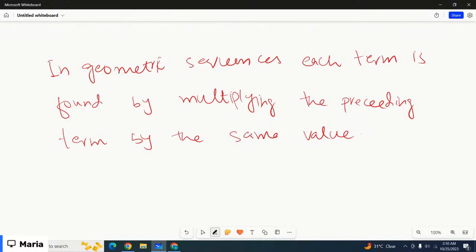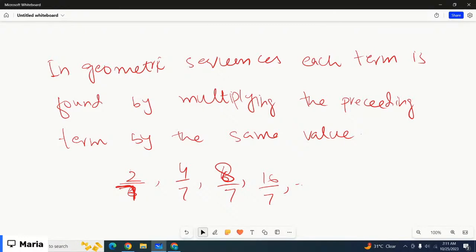For example, you have the fractions 2 over 7, 4 over 7, 8 over 7, 16 over 7. You have to calculate the next term in the sequence. So just look at the pattern. The denominator stays the same, it is 7, just the numerator is increasing.